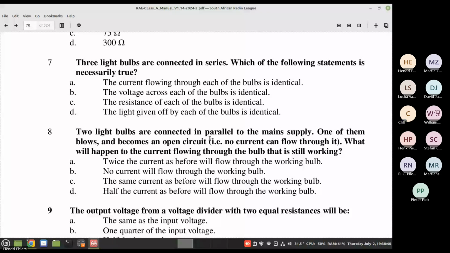Sorry. Okay, 7. You know what, the correct answer for 7 is actually A. The current flowing through each of the bulbs is identical because they are connected in series. So current didn't split. The current is identical through each one of them. So the answer there is A.